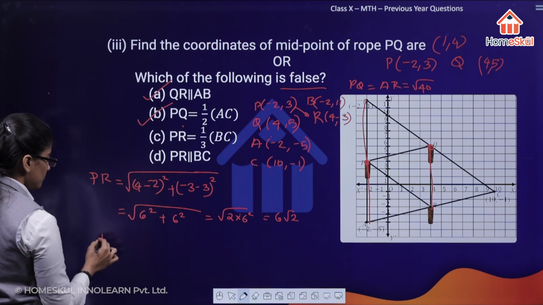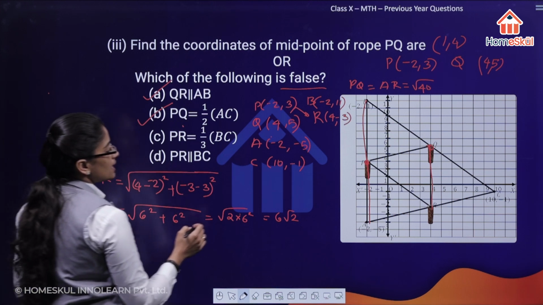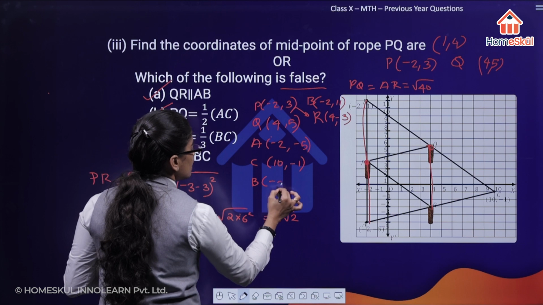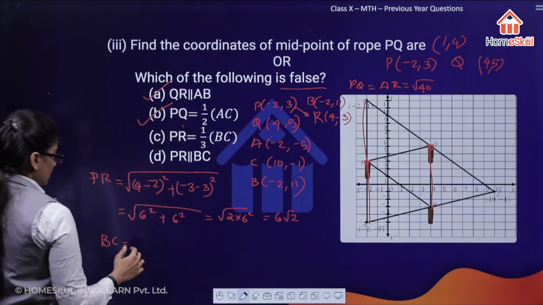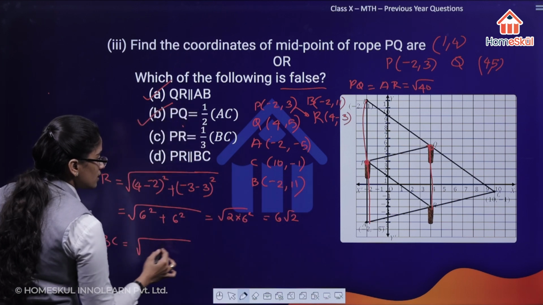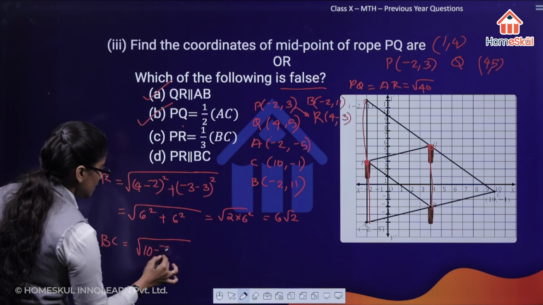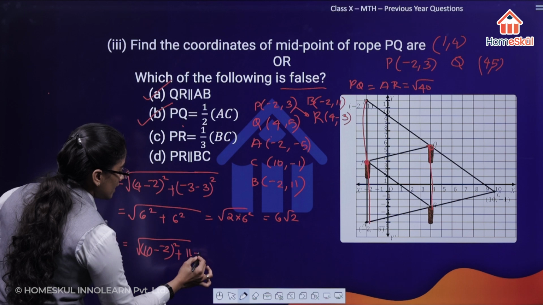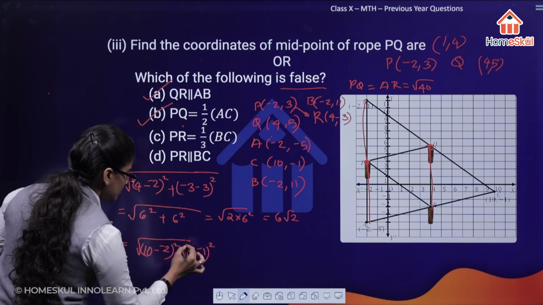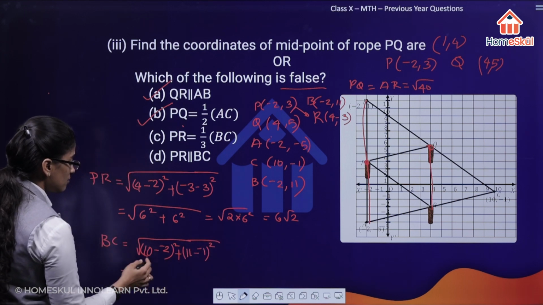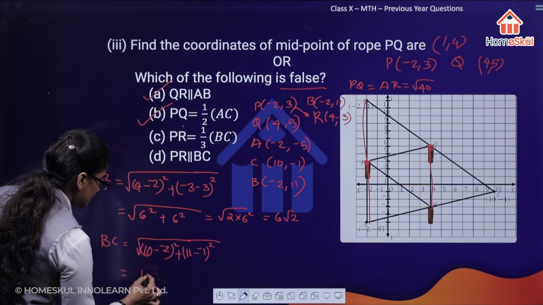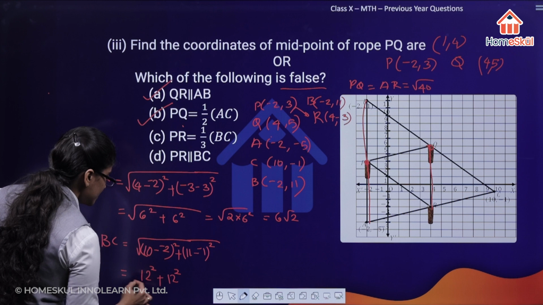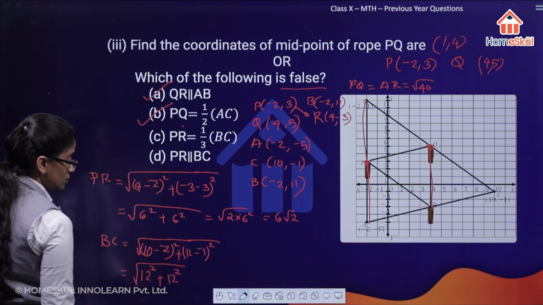What about BC? Distance between B and C. B is minus 2, 11. So it is 10 minus minus 2 the whole square plus 11 minus minus 1 the whole square. That is equal to 10 plus 2, that is 12 square, plus 11 plus 1 is also 12 square.